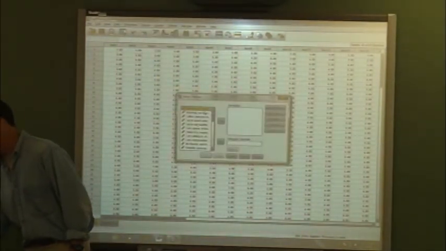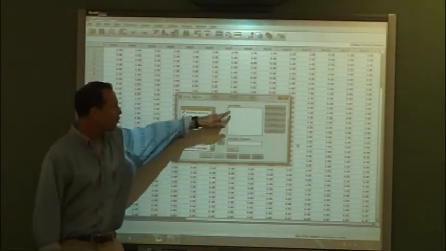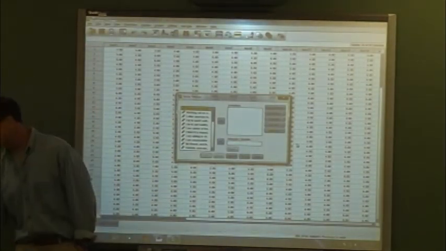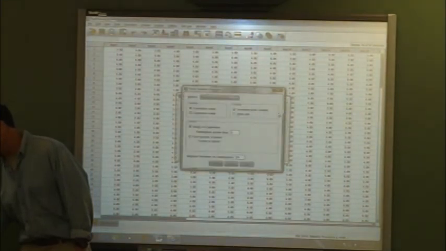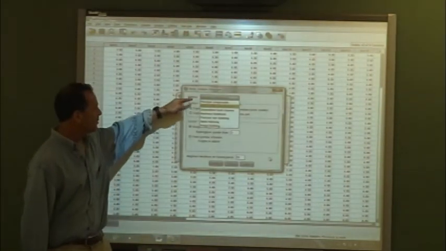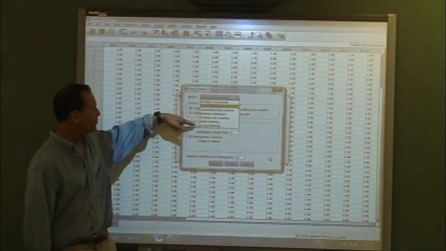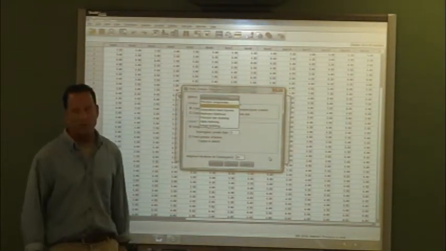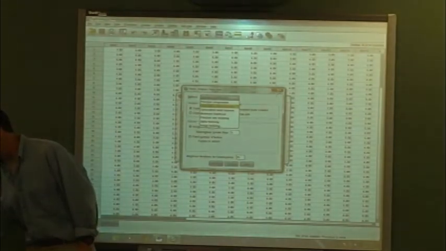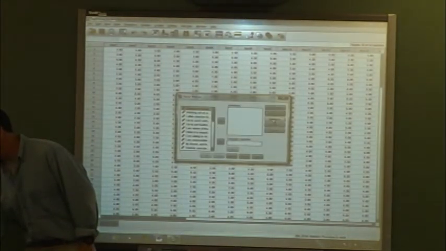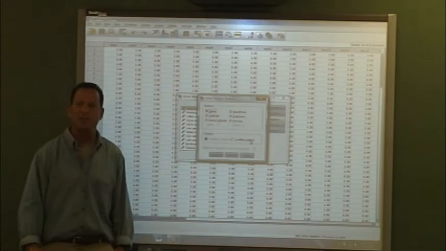Factor, and you put in your items. You put in your individual items right there, and soon you're going to see you have different options for extraction. You have principal components, principal axis factoring. There's quite a few. Those are the two main ones we'll focus on. Two types of extractions. And then you also have a lot of different types of rotations in SPSS.